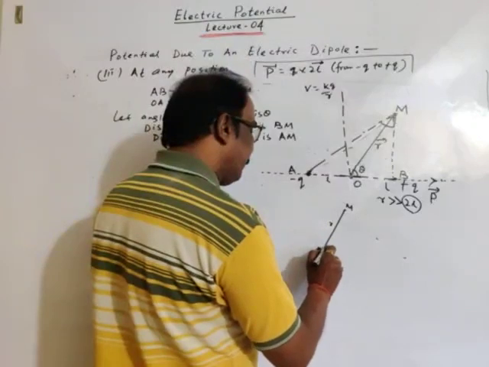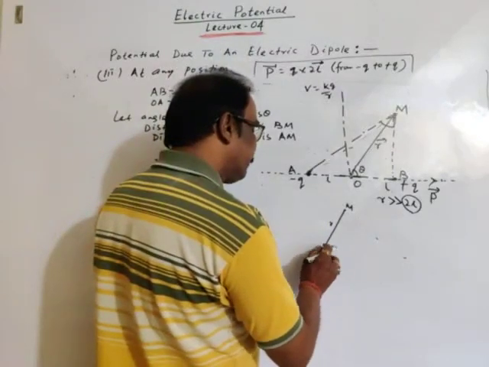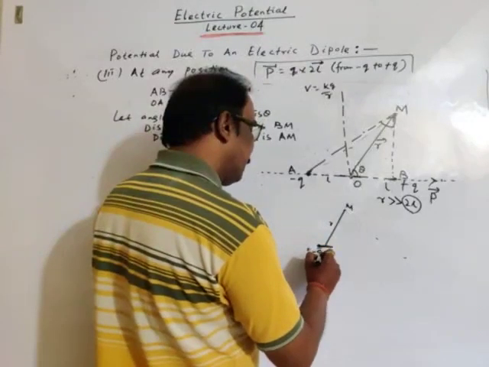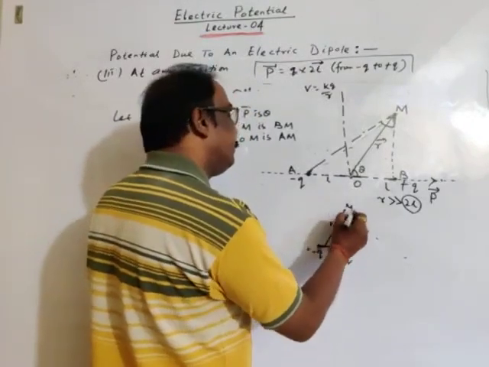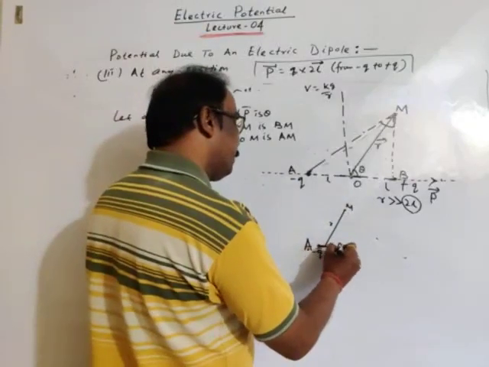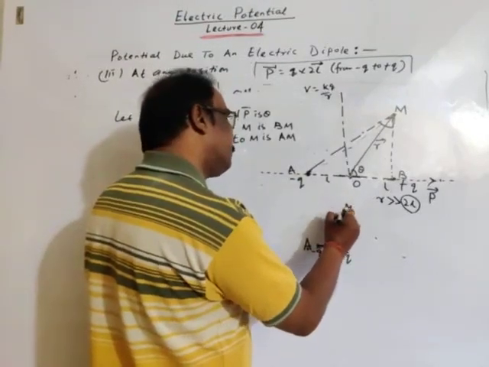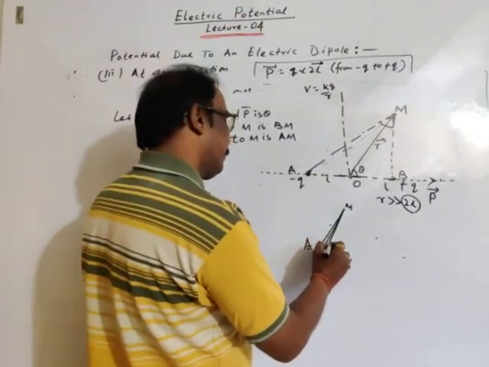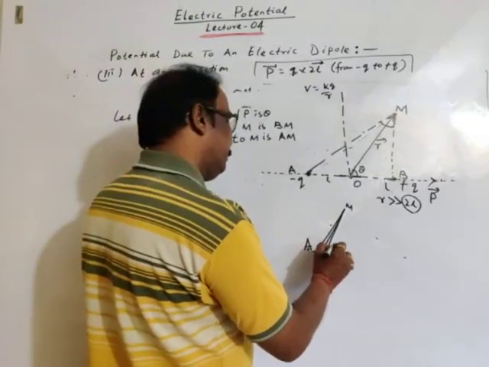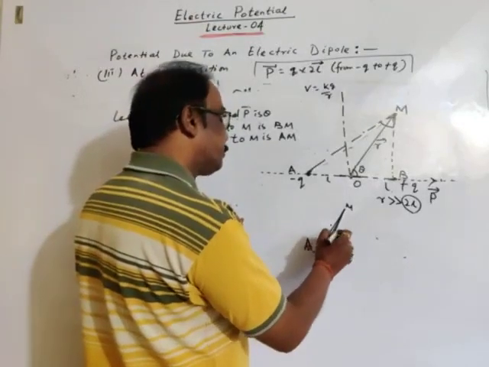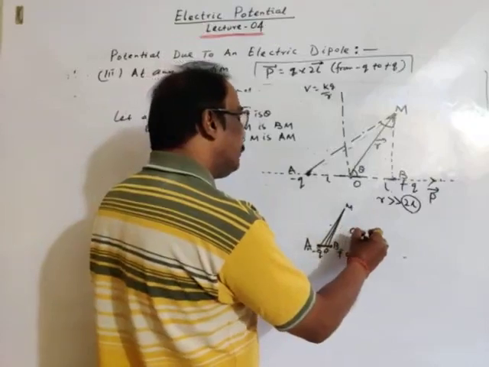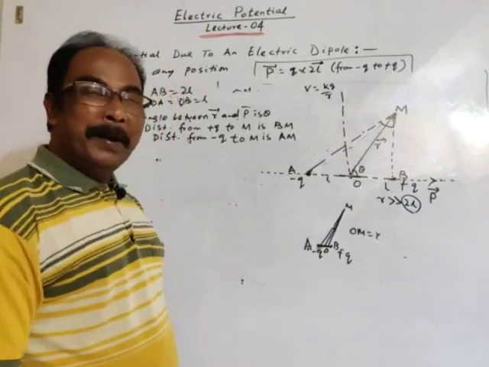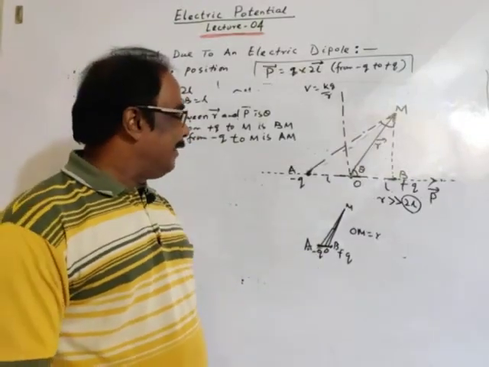This length is 2L. This is minus Q, this is plus Q. This is point B, this is M, OM is R, so this angle is very small. Can you understand using this type of diagram?